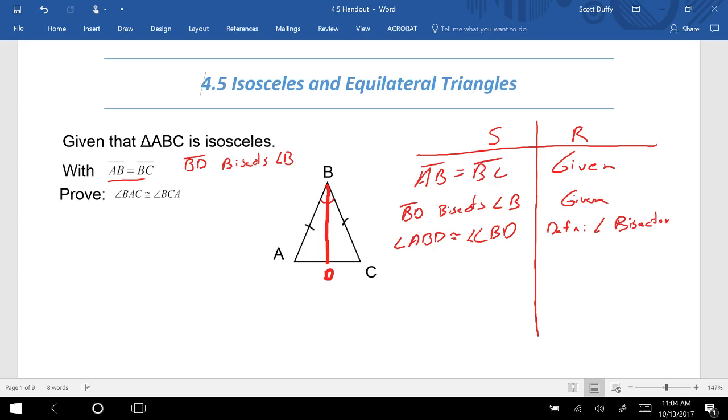Good. Now we have a side pair, an angle corresponding pair, and then what you see is that this side right here is shared by both triangles. So we can say that BD is equal to BD, or congruent to, and that is the reflexive property.